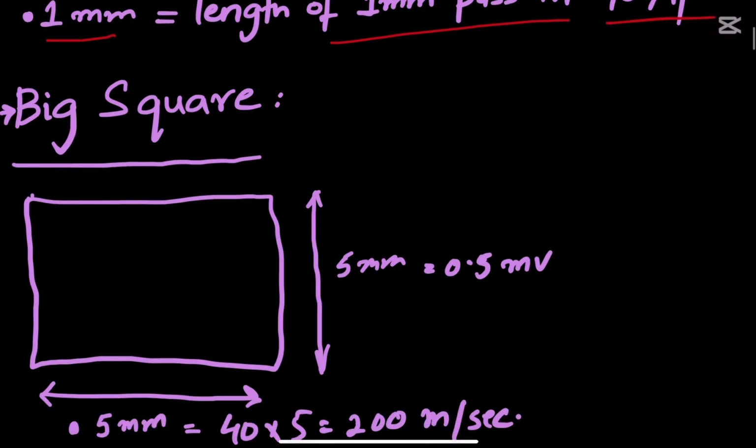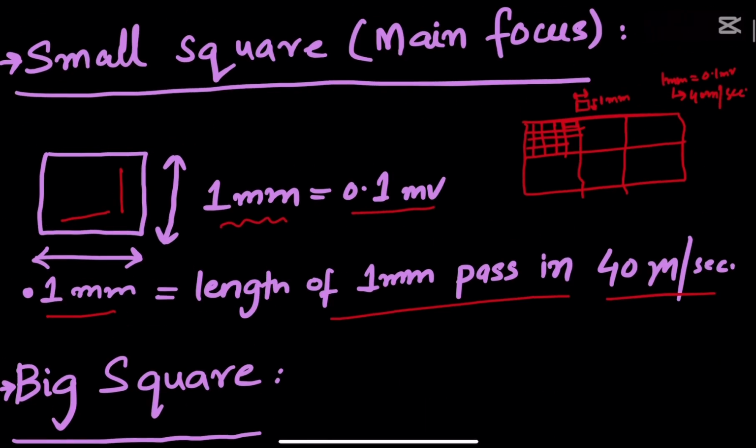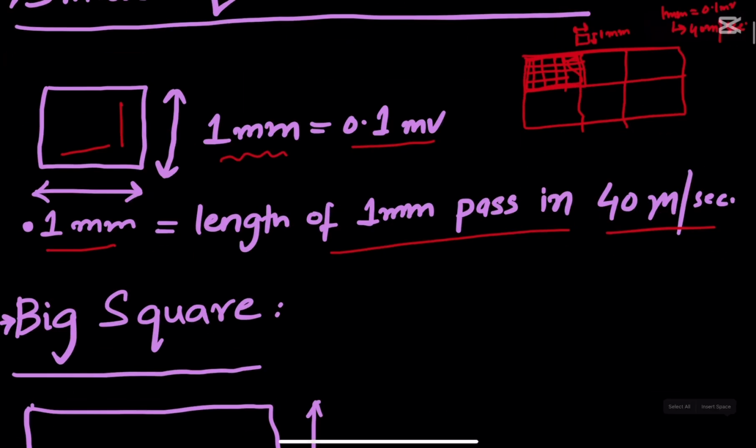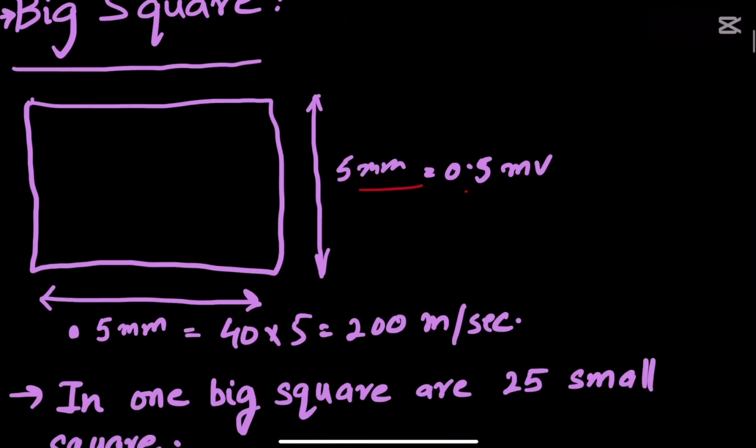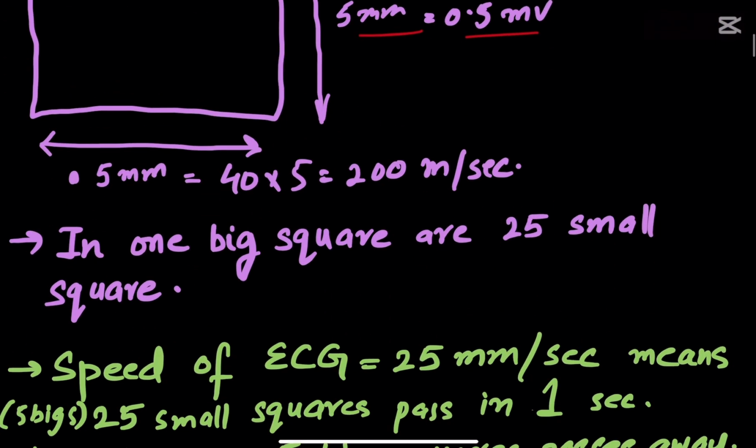Now we have large squares in ECG. This is ECG paper. This is the large square. So the length of the large square is 5 millimeter, which is equal to 0.5 millivolt. And the 5 millimeter or 0.5 millivolt area passes in 200 milliseconds.